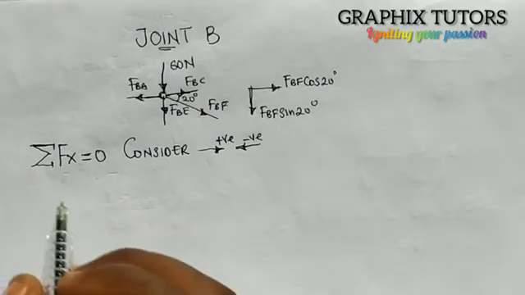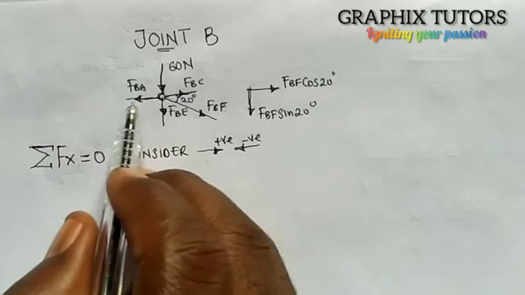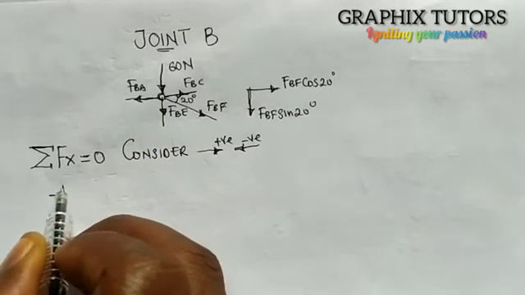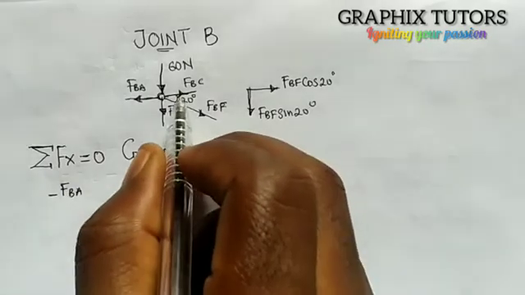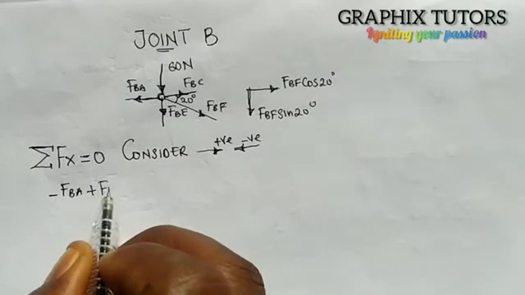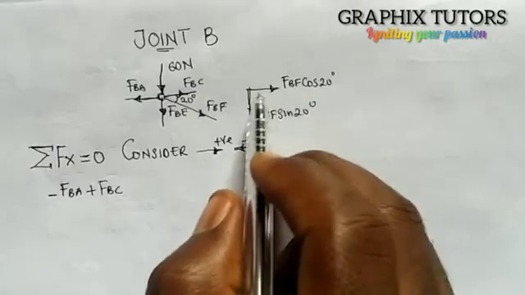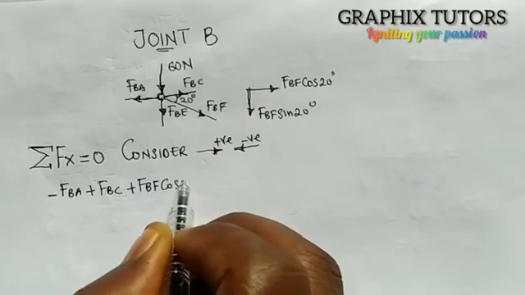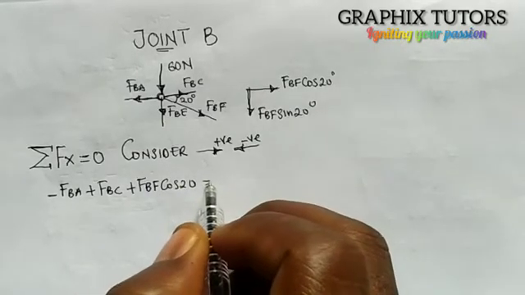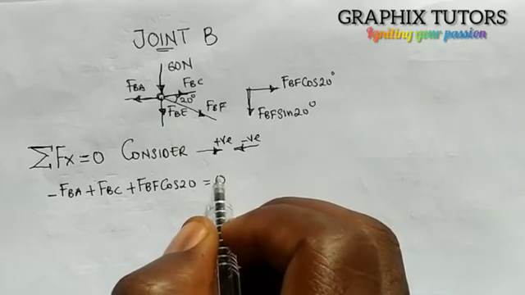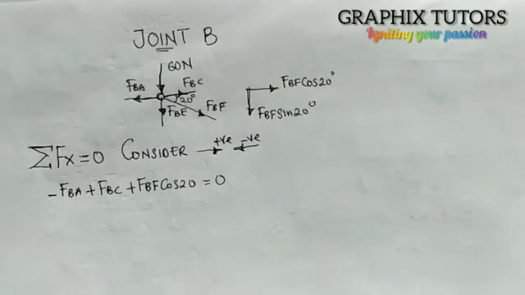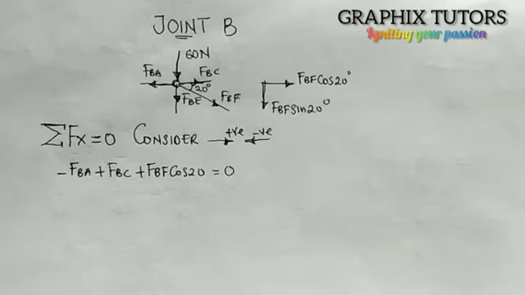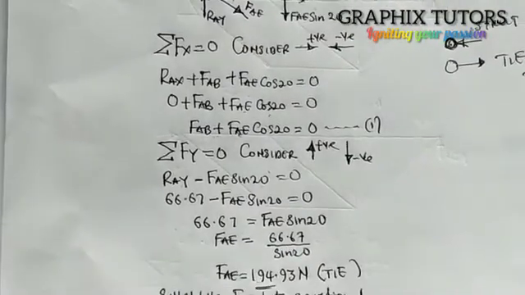So when you do that, we have this going backward, minus FBA, this going forward, plus FBC, and this also in that direction, plus FBF cos 20, equals 0. Now if you put in your value, FBA, which we did earlier, is the same thing as FAB.